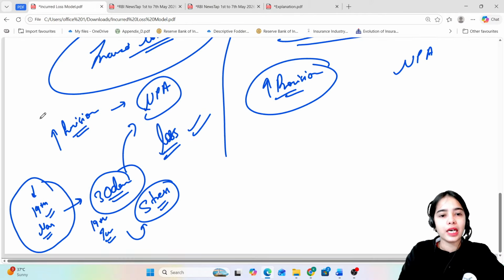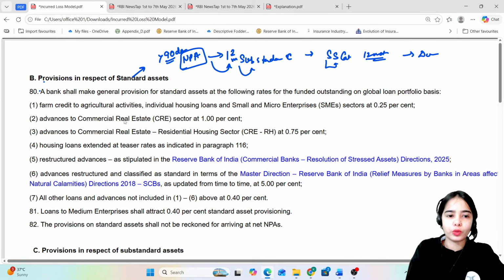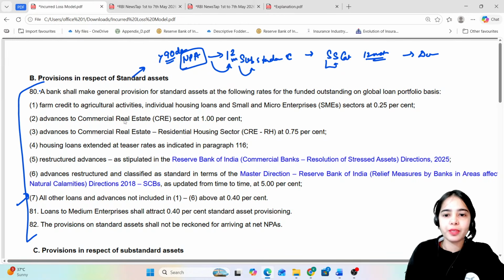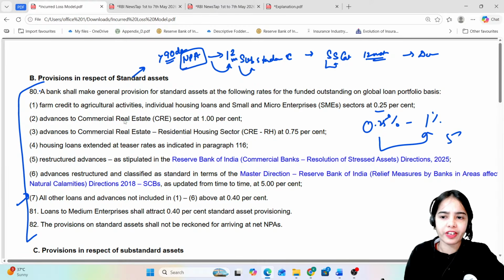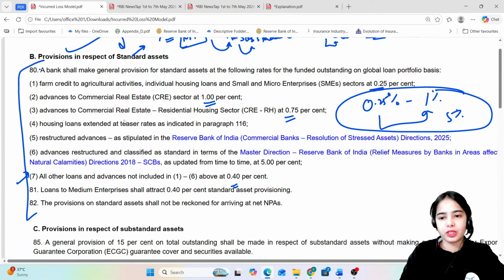So basically, under the incurred loss model, initially when you have given the loan, you are maintaining provisions of 0.25% to approximately 1% or up to 5%. These were the kind of provisions maintained for standard assets. 0.25% of provisions, 1%, 0.75%, or 0.40%.